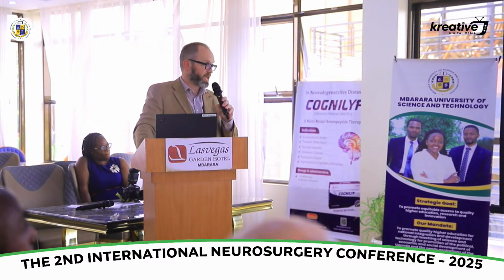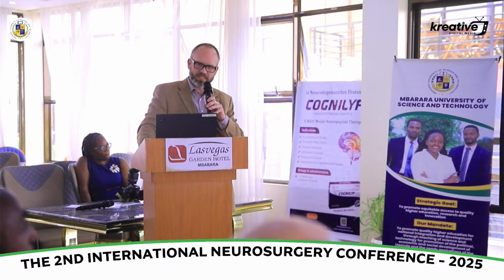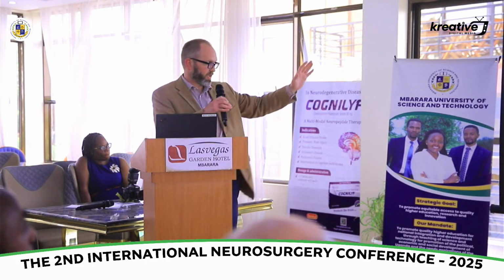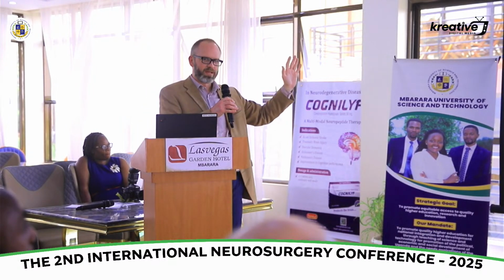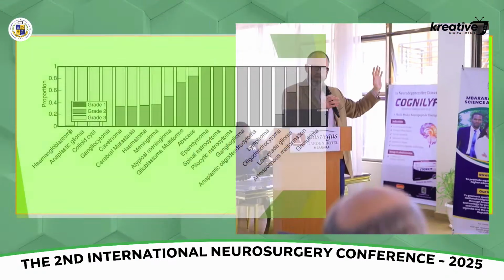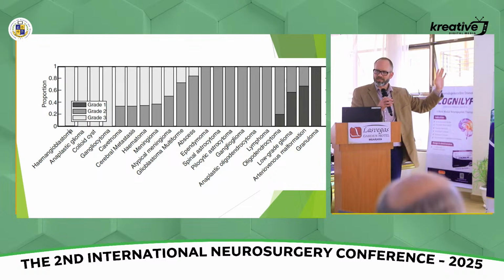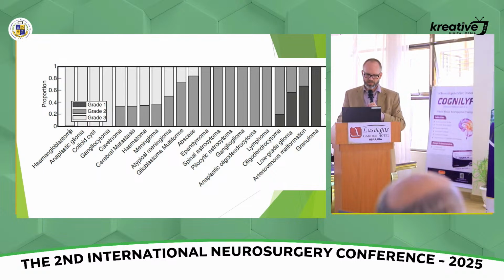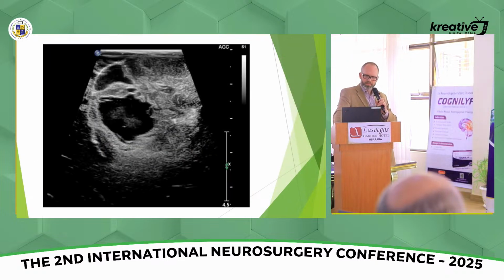Here's that graph again, just emphasizing that the easier things to visualize are toward the left. The harder things to visualize and distinguish from normal brain tissue, edema, gliosis, etc., are to the right. This is an example.